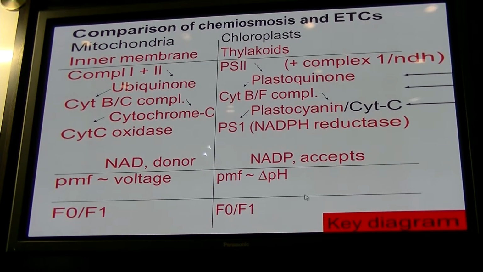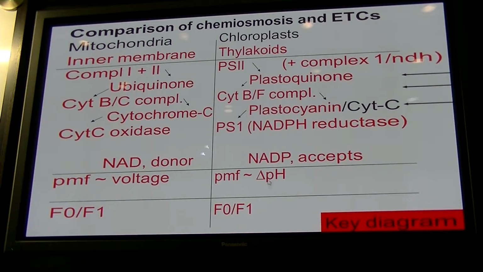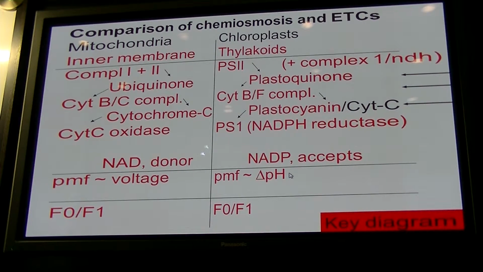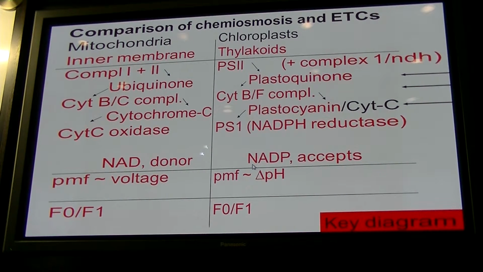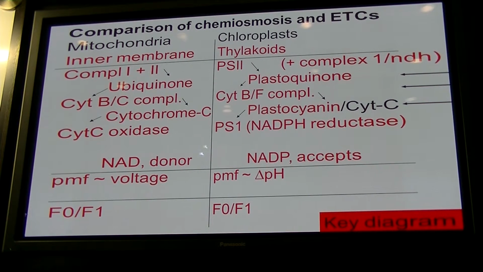It makes a lot of sense to have a pH gradient in the chloroplast, because the thylakoid membrane is an enclosed system, and actually the change in the pH is used to regulate the activity of photosynthesis. In both cases, we have an ATP synthase that's composed of an FO-F1 set of subunits.